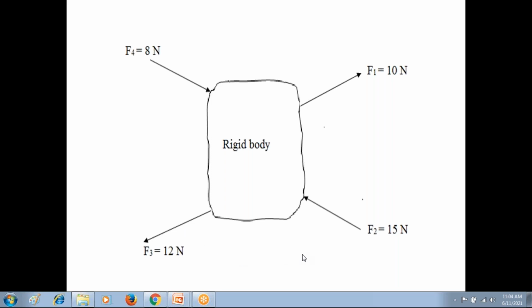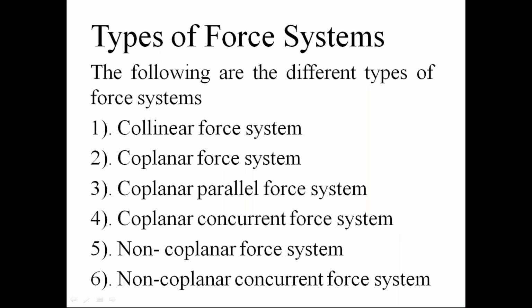Then last class we started the types of force systems in engineering mechanics. We have totally 6 types of force systems in engineering mechanics. I explained those force systems last class. The first force system, collinear force system. Please everyone go to this slide and understand what the different types of force systems are.